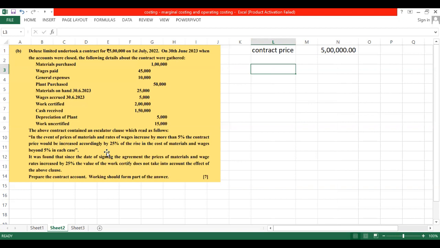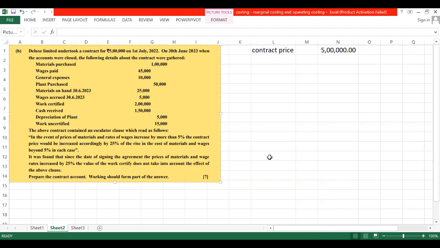So whatever is the increase in price beyond 5%, on that increase we calculate 25%, and that will be added to my contract price. It is found that since signing of the agreement, the price of material and wages increased by 25%, and the value of work certified does not take this into account.